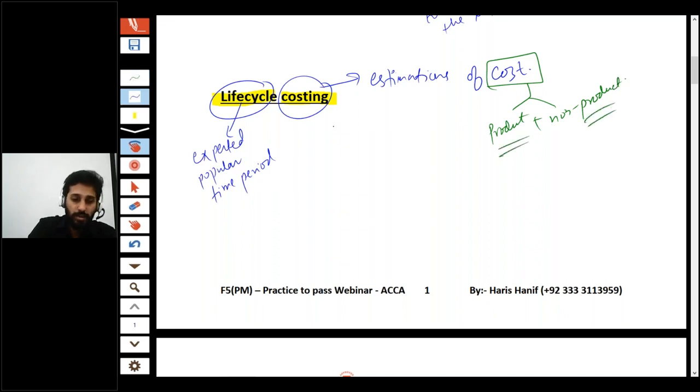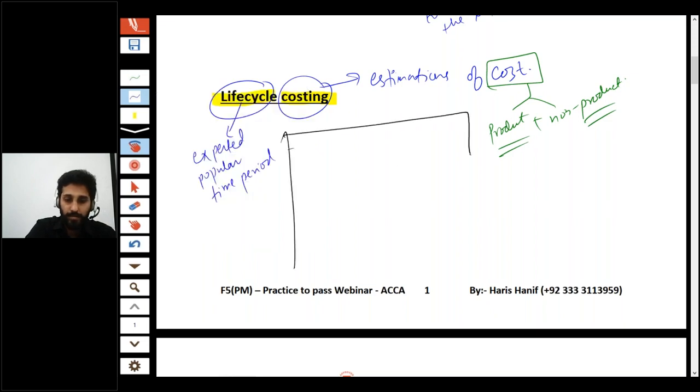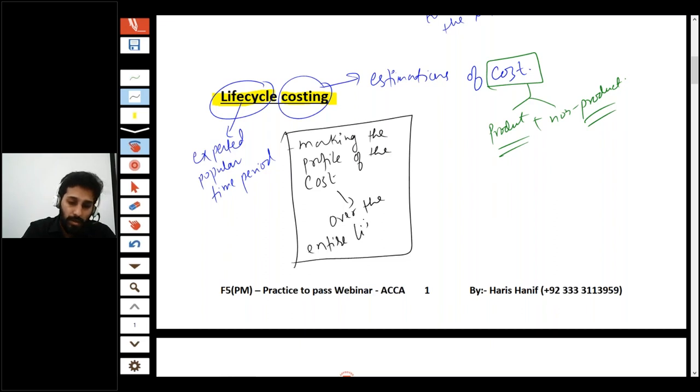So in life cycle costing, you are actually making a profile of the cost over the entire life, not just 1 year.